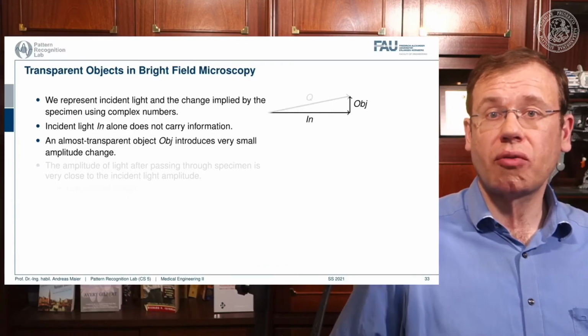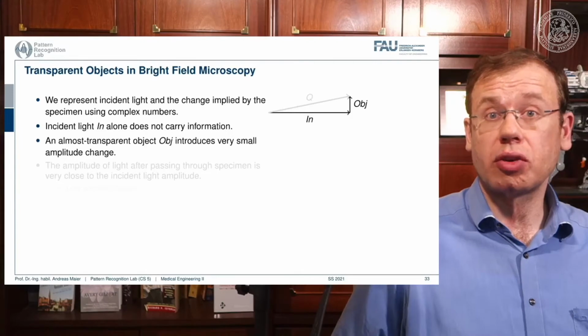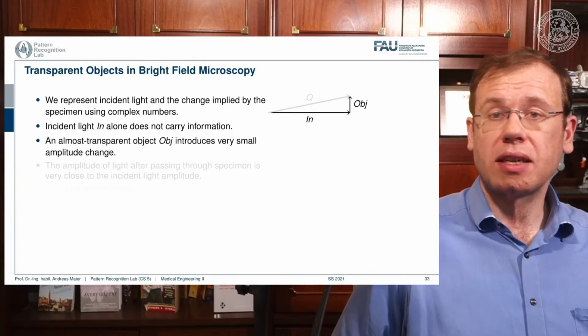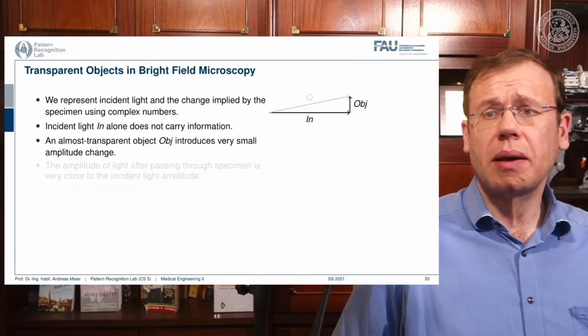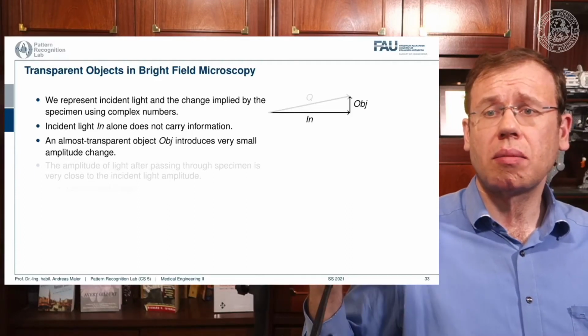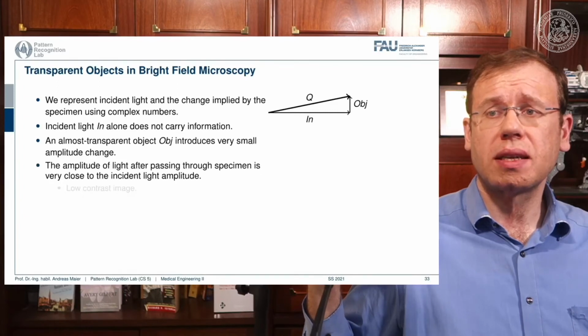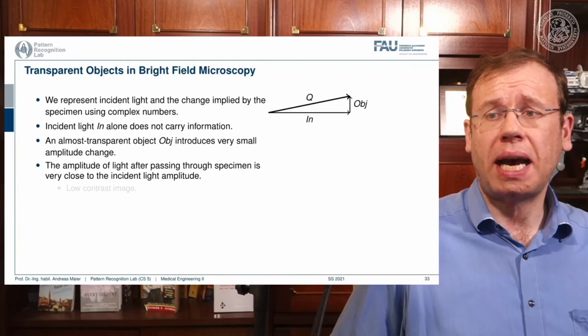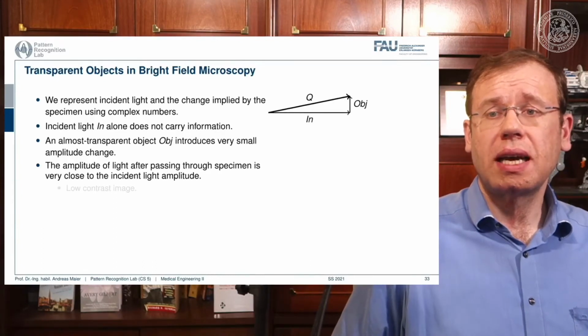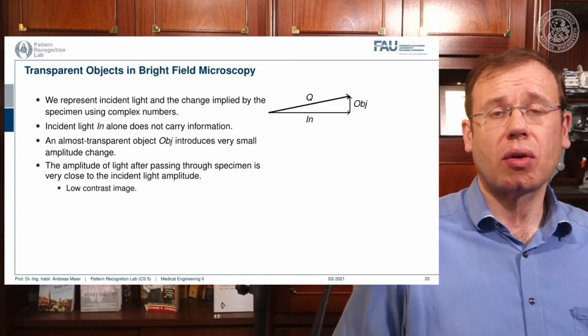So we kind of move in a direction that is not measurable, and this direction is essentially perpendicular to the incident light. The global amplitude is essentially not changed by a lot because we still have almost the same amplitude after passing through the specimen, and this means that we have a very low contrast image.